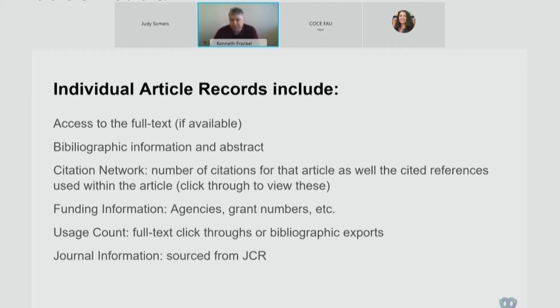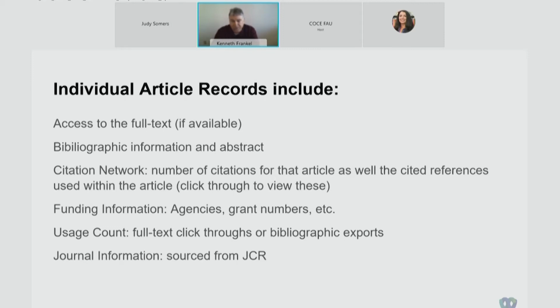So we are able to see both the resources that any particular article was built upon, and then also those authors who have cited this article after it was published. So we can do what is called both backward and forward reference searching.